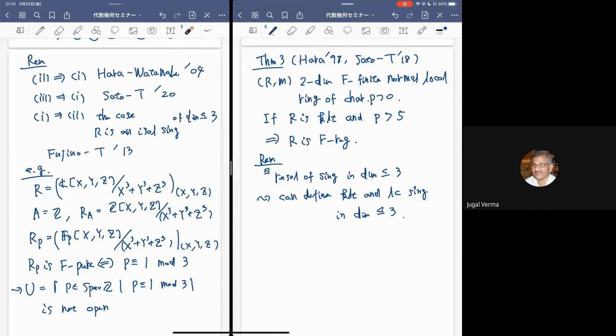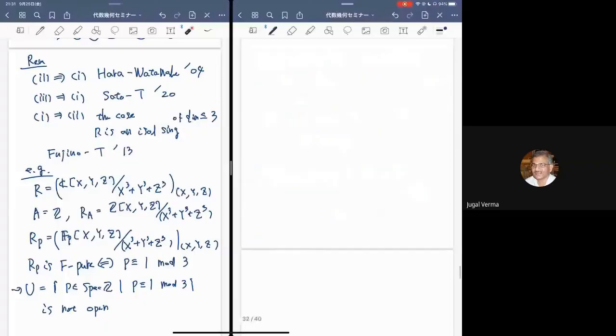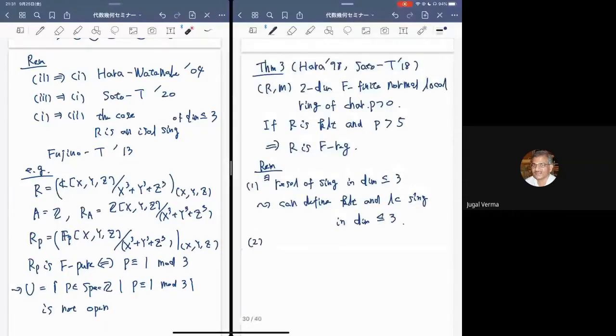One more remark: Hara proved the case where the residue field is algebraically closed.